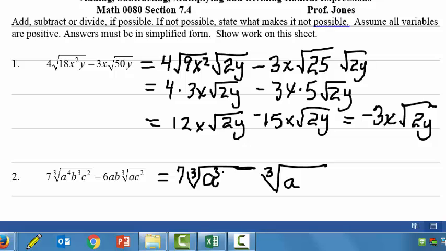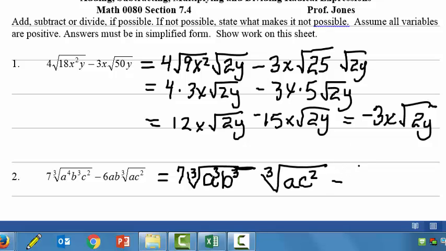B cubed is a perfect cube, so that goes in this first radical. C squared is not a perfect cube, nor does it have any perfect cube factors. So that stays in the second radical where we're putting our leftover imperfect cube factors.